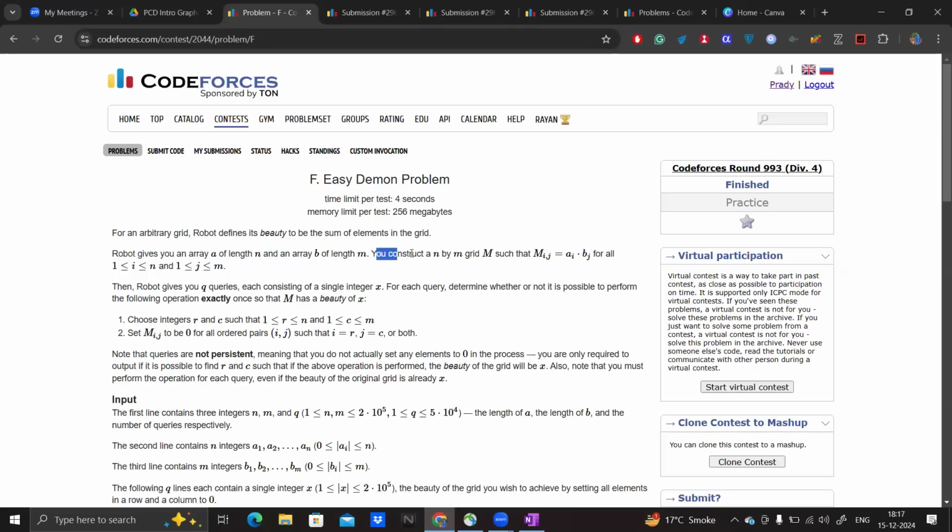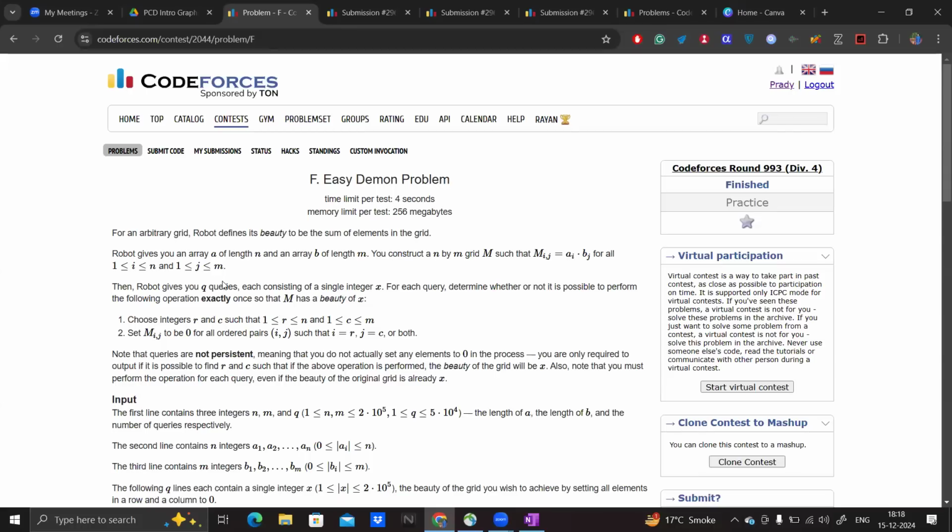You construct an n by m grid such that M_ij is equal to a_i times b_j. Okay, so you are given two arrays a and b, and you construct this grid such that M_ij equals a_i into b_j. Then the robot gives you q queries, each consisting of a single integer x.